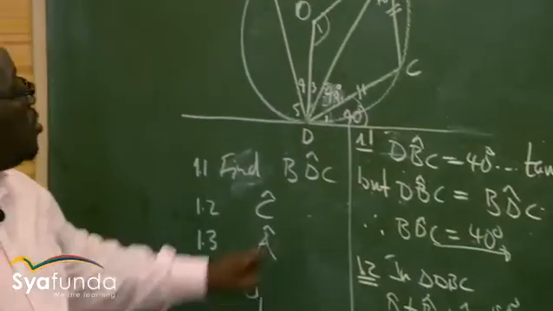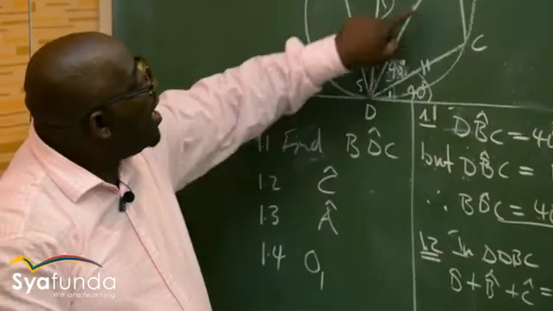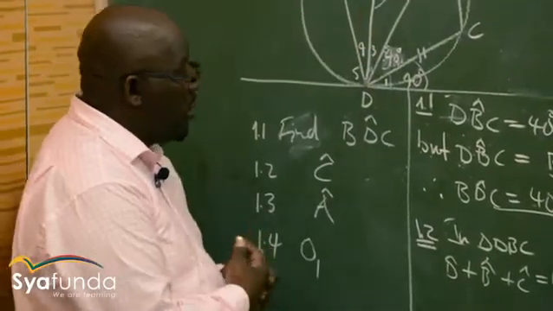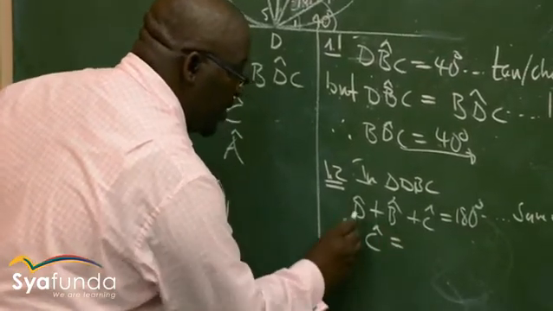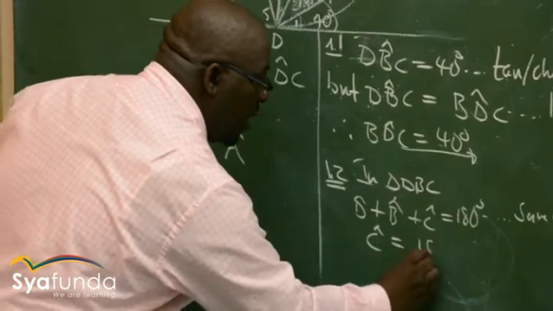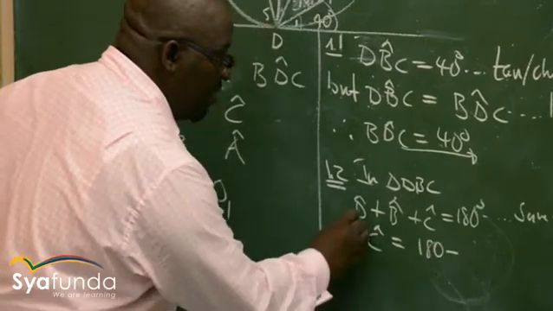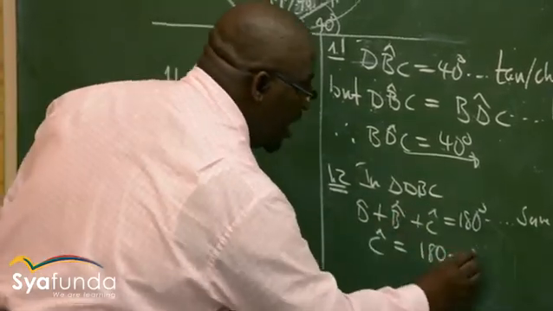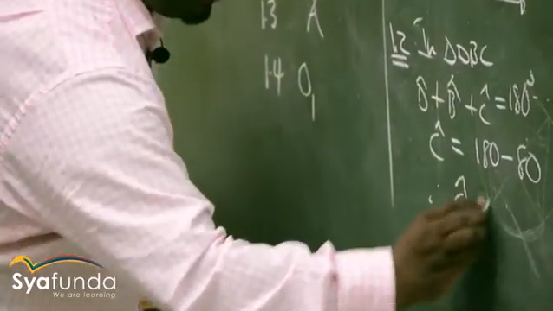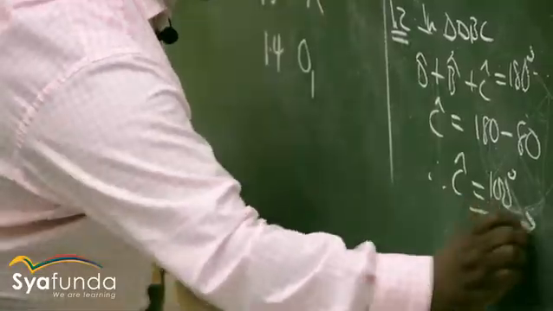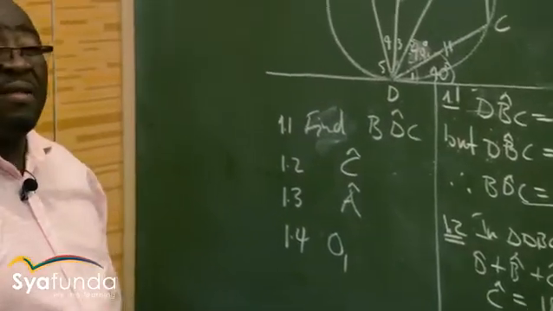We already know this angle, which is D, and that angle, which is B. It's 40, 40. So angle C will be equal to 180 minus (40 plus 40), which is 80. Take it that side, it will be minus 80. Therefore, angle C is 100 degrees. That's how we go about finding angle C.